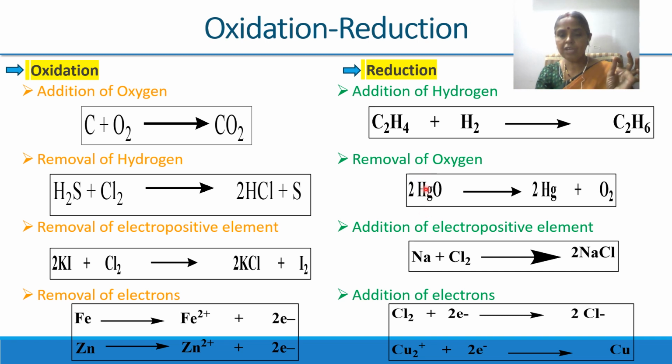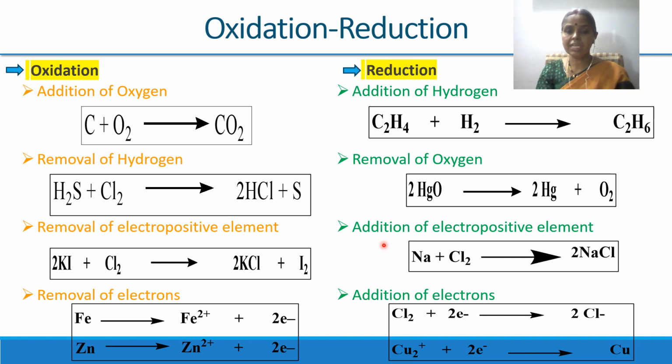So, mercury on the reactant side is having +2 oxidation state. On the product side it is having 0 oxidation state. So, +2 becoming 0 is reduction. Decrease in oxidation number is reduction. So, it is going from +2 to 0. So, mercury is getting reduced. How? Due to removal of oxygen.